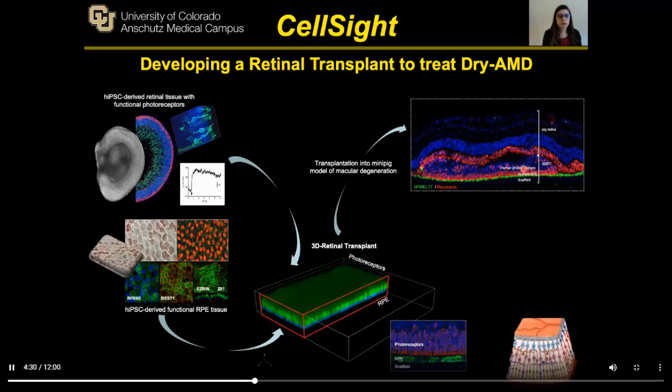So what I hope that you can appreciate from these images is the feasibility of transplanting these 3D complexes, the proper localization of the transplant in the target area, and nicely sitting underneath the pig retina.